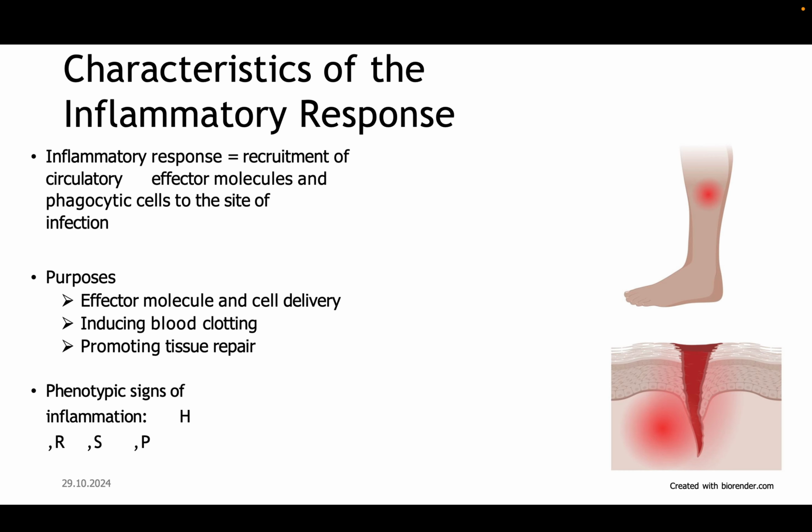Because once they recognize, this is what happens: inflammation. So think about inflammation as the connecting theme with all the other stuff that we had. Try to connect all the things you learned here.